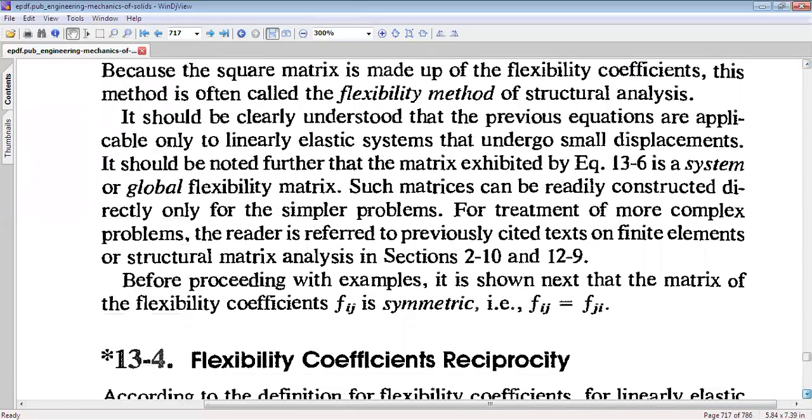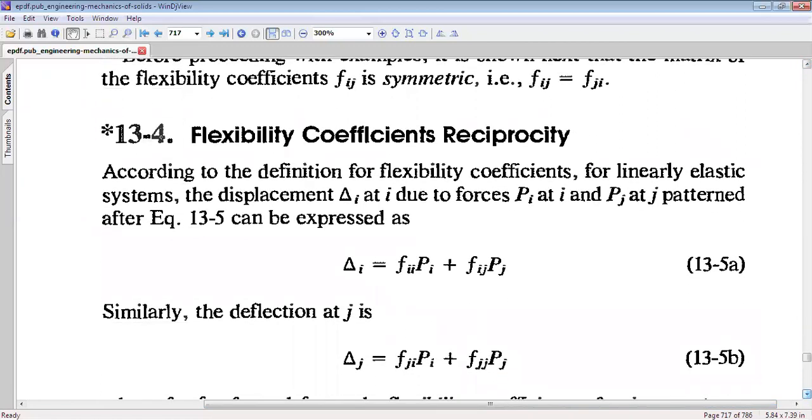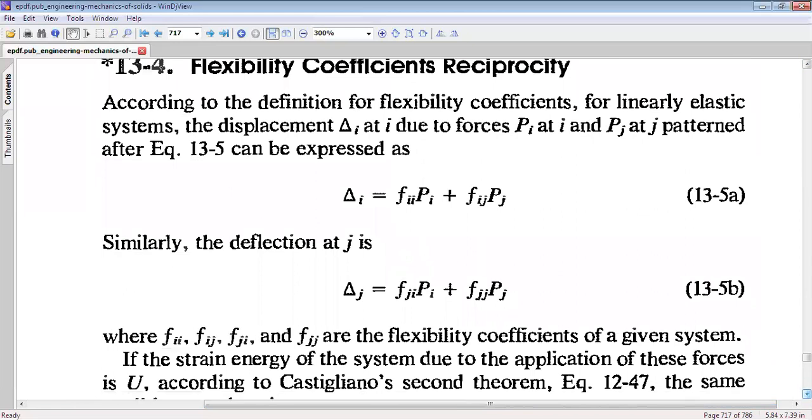Now let us look at the reciprocity of flexibility coefficients. Displacement Δ_I at I due to forces Pi at I and Pj at J can be written as Δ_I = Fii Pi + Fij Pj, where Fii is the flexibility coefficient, which means deflection at I due to unit load at I, and Fij is also a flexibility coefficient, which means deflection at I due to unit load at J. Similarly, Δ_J can be written as Fji Pi + Fjj Pj.